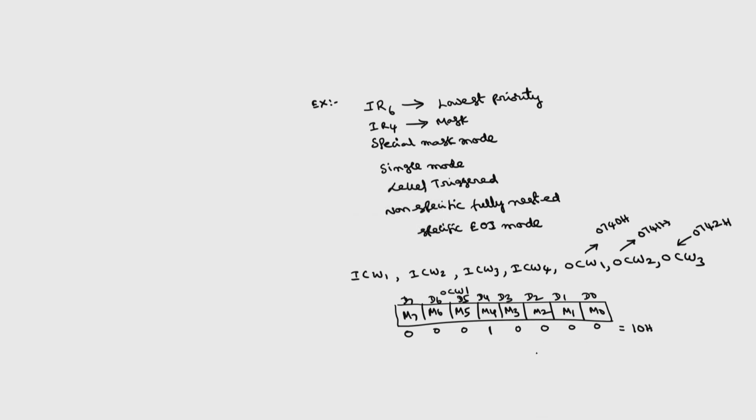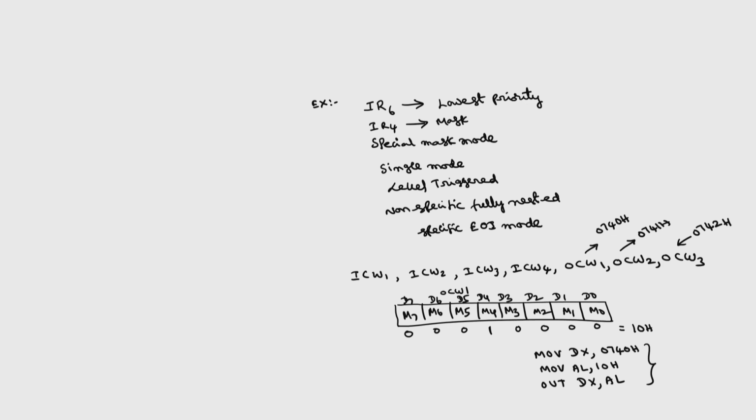Then in order to load this, we do move DX comma 0740H, then move AL comma 10H, out DX comma AL. These are the instructions used to load 10H onto OCW1, whose address is 16-bit. In case of a 16-bit address, you have to take it into the DX register and then specify the DX register in the out instruction.